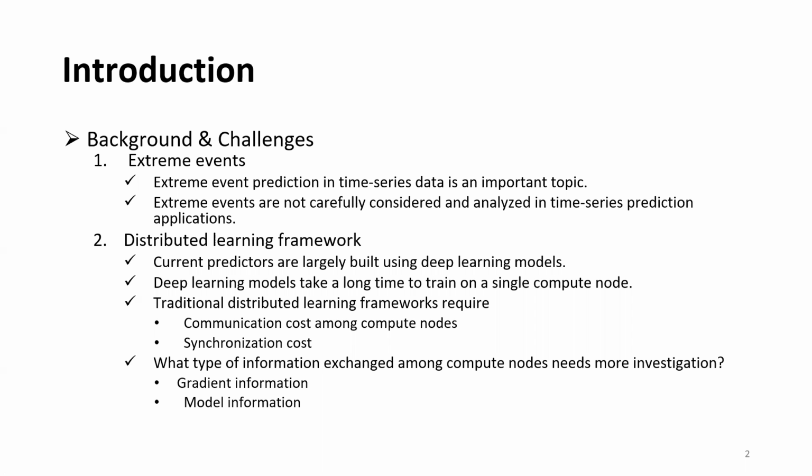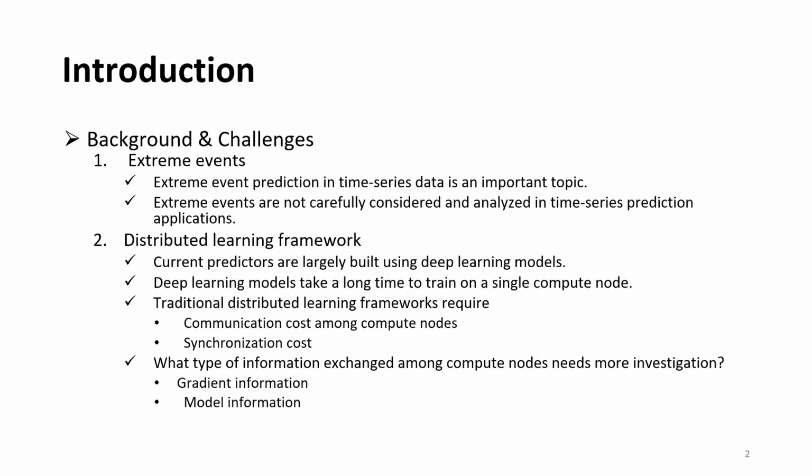Moreover, current predictors are largely built using deep learning models. It means that these models take a long time to train, especially on a single compute node. So this is the reason why distributed learning frameworks come in.